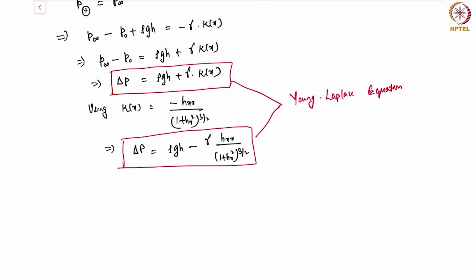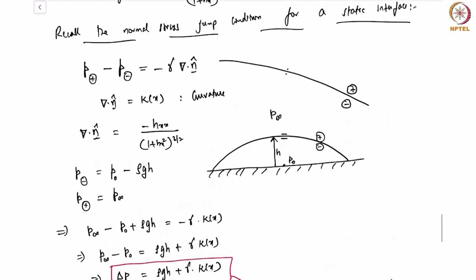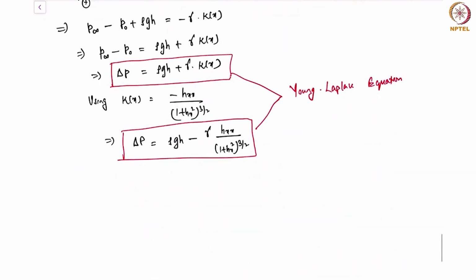If there was no gravity in the problem, then the variation of the pressure across the interface, delta P, will simply be the surface tension times curvature. Now note that if there was no gravity, the pressure P naught inside the droplet would be uniform. So we have a uniform pressure inside the droplet, and this uniform pressure will differ from the pressure outside. So that's what this relationship tells me.